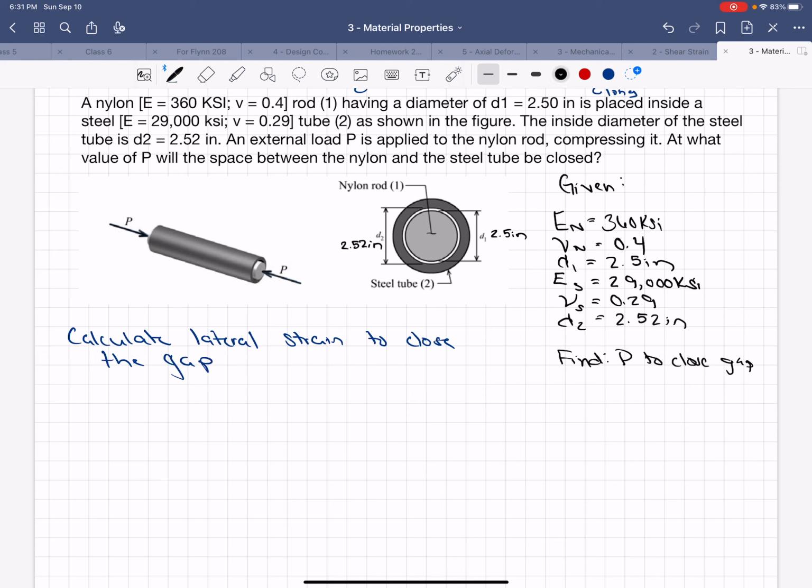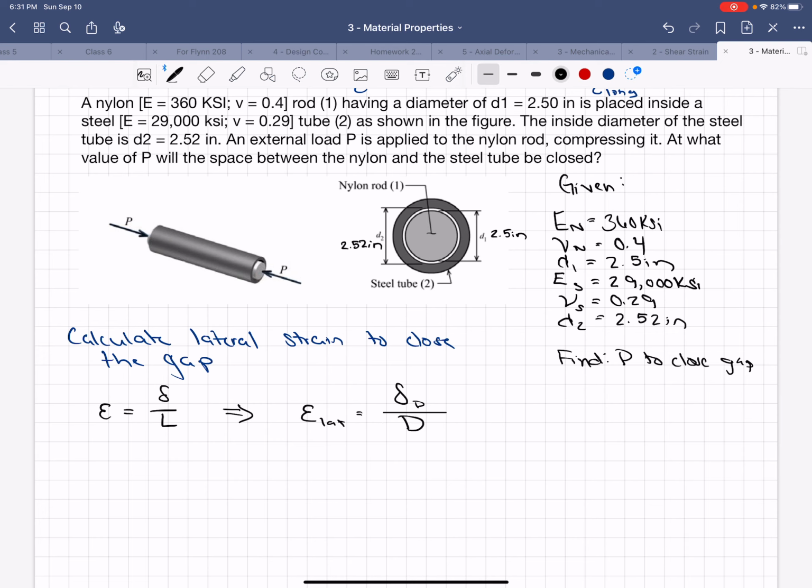Strain, whether it's lateral or longitudinal, equals delta over L. Since we're looking at a lateral strain, strain lateral equals the change in diameter all over the original diameter.